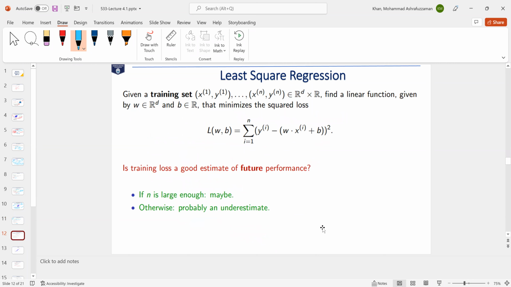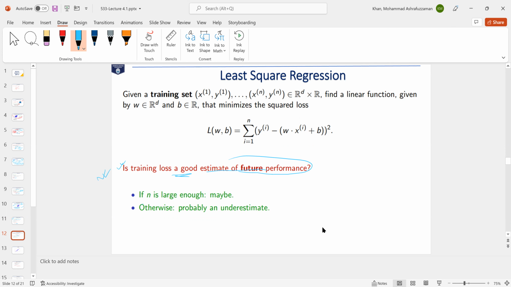Now we have some questions. If we find the minimum loss value, so we minimize the loss value as much as possible, can we say that it will be a great or good estimator for the future data set? Can we say that?